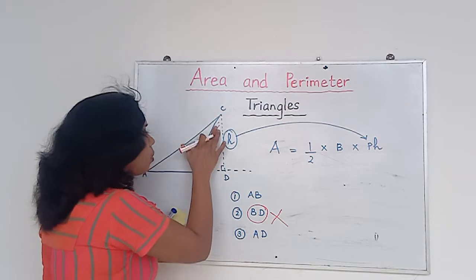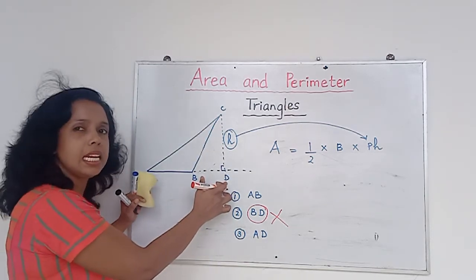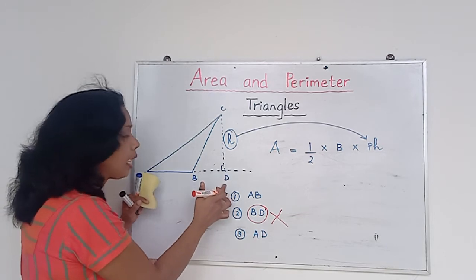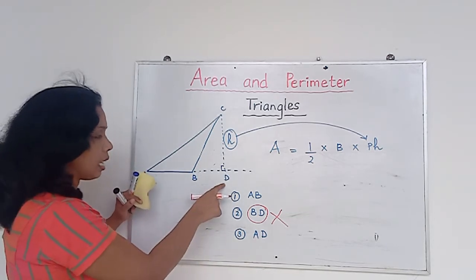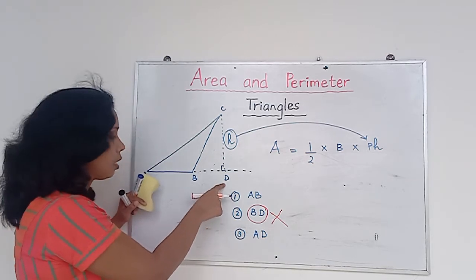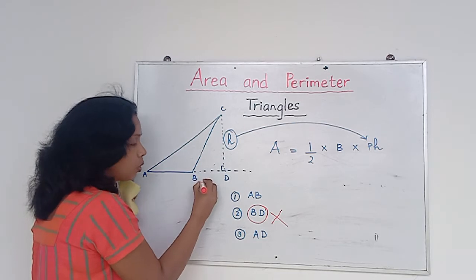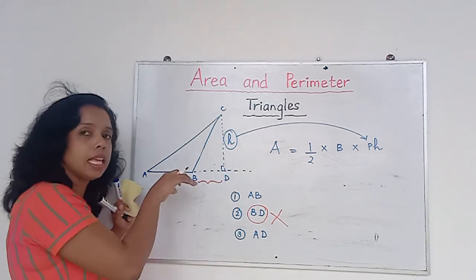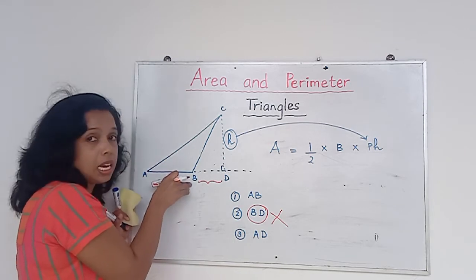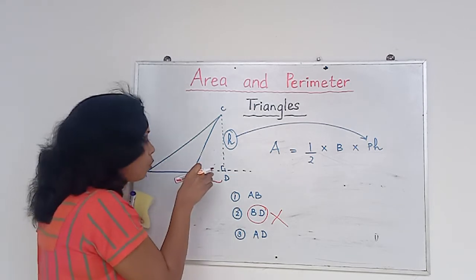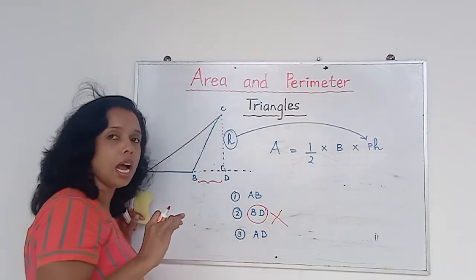Then we'll look at AD. Can you take AD? Because AD is what, children? It is the extended version. So this BD is what? The extended line of AB which I extended to draw this perpendicular height.